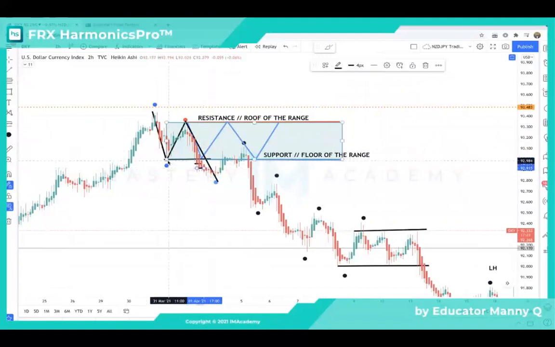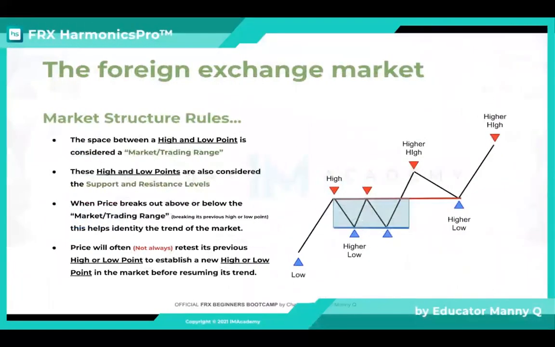Over here, this previous low is determining that price is going to continue in a downtrend. And now price is going to find a new level of support, okay, and create a new lower low in the market.